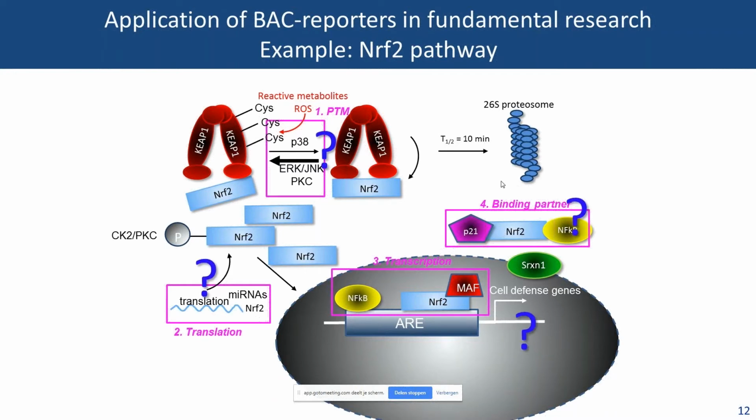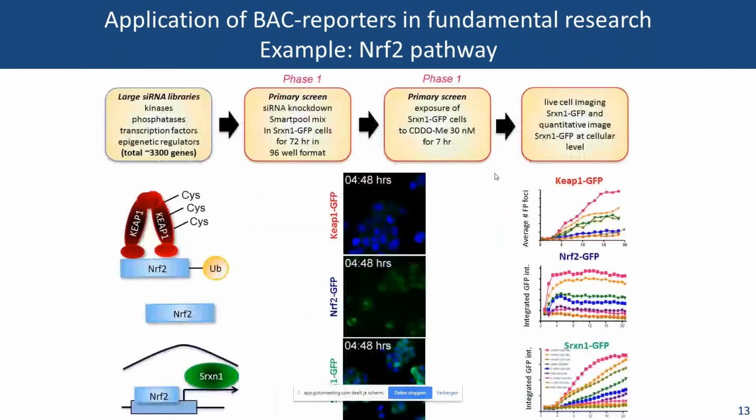So therefore, we used our BAC-reporter system, and at first we focused on the sulfiredoxin cell line BAC-reporter. And in this BAC-reporter, we knocked down with small interfering RNAs over 3,000 different genes. And then we activated the NRF2 pathway with low concentration of CDDO.